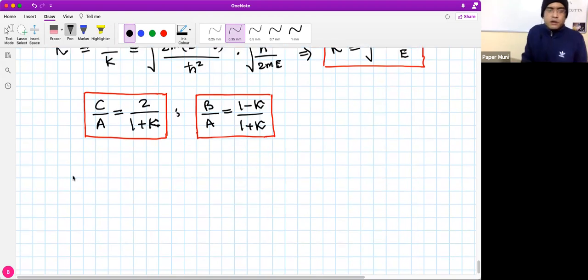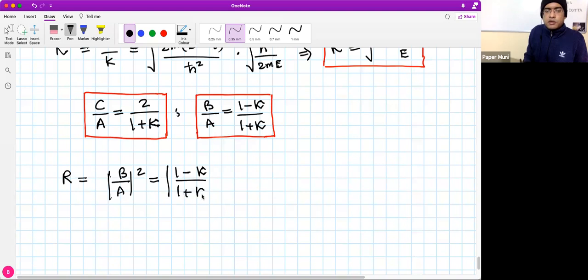Now what we are trying to calculate is r. R was b by a mod square. This is 1 minus kappa over 1 plus kappa, mod square. Now this number, kappa, is a real quantity, so we can simply write it like this.